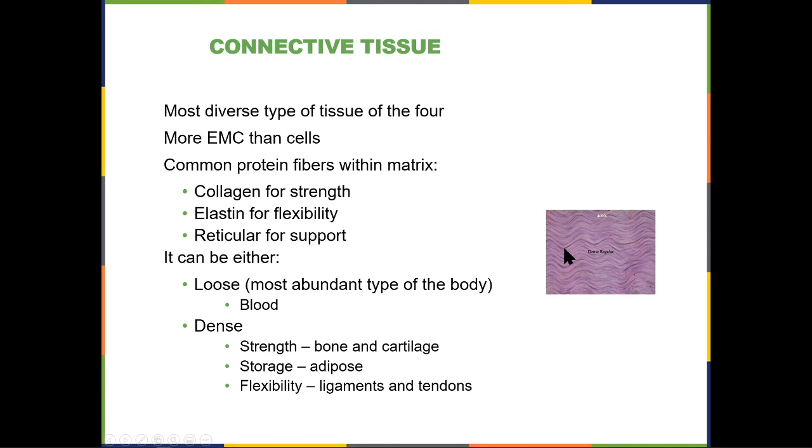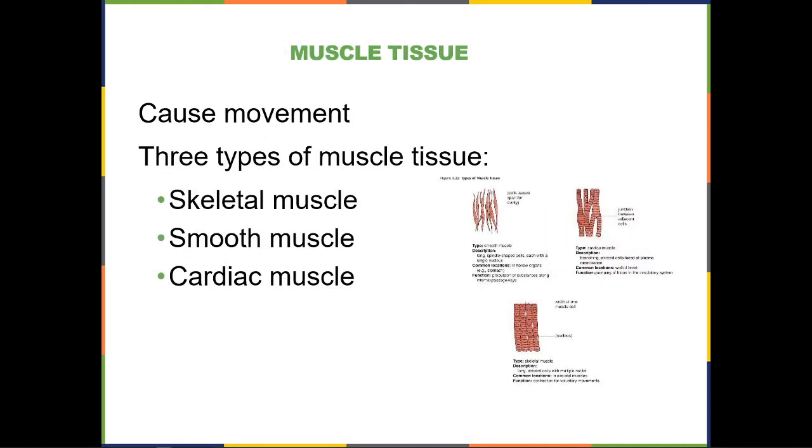We can see a cell here, another cell, but we've got lots of purple space in between. These wavy squiggly lines are fibers, which are made out of protein. And this is what makes your tendons and ligaments. They're very strong.